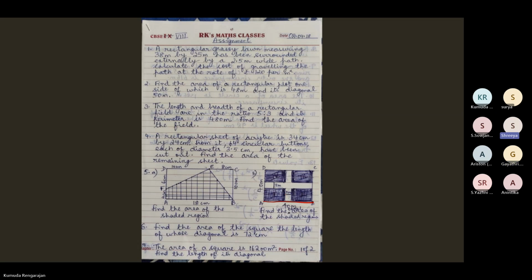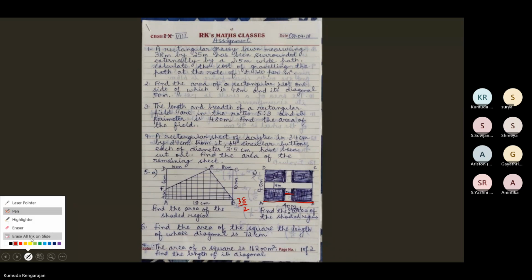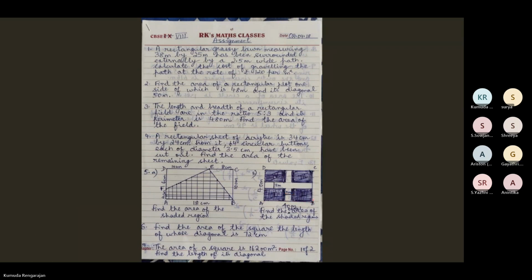What is 40 minus 2? 38. So 38 divided by 2 is 19. So this is 19, this is 19, and this gap is 2, correct? So the length of these two rectangles is 19 meters.